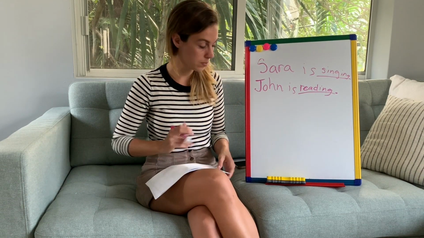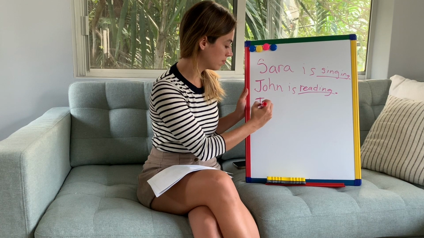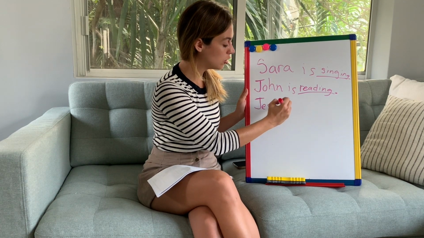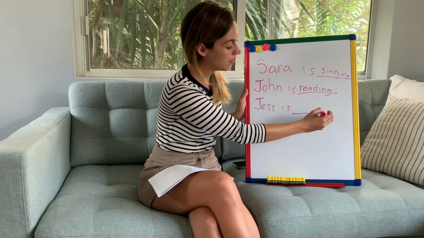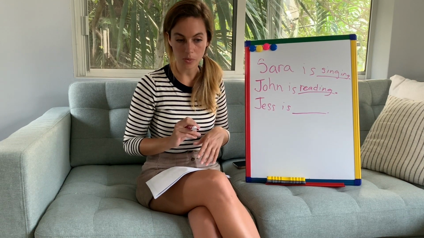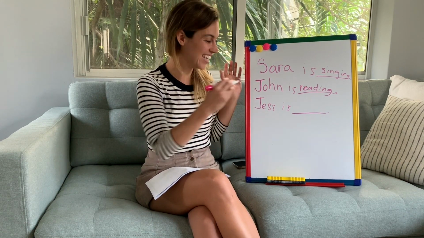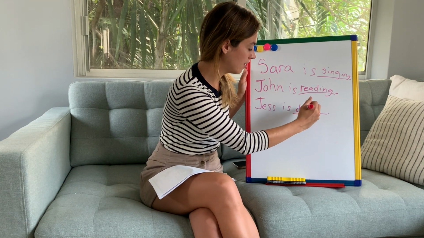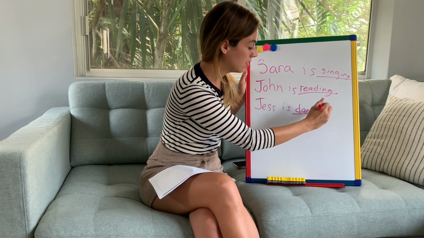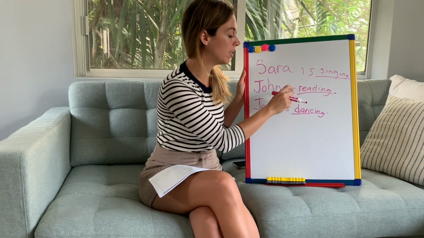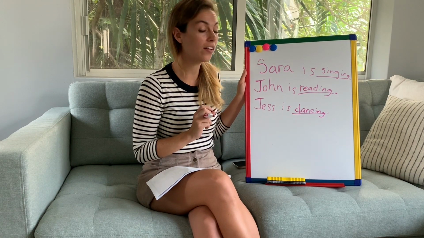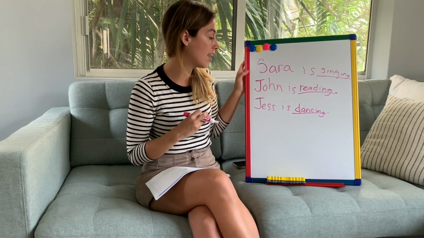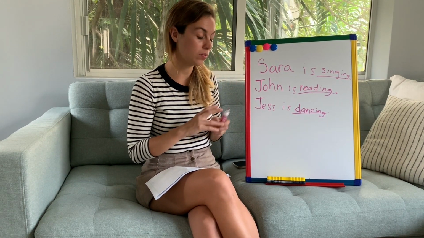Okay. Jess is blank. What could Jess be doing? Dancing. Good. So singing, reading, and dancing are all verbs. They're all things that people can do.